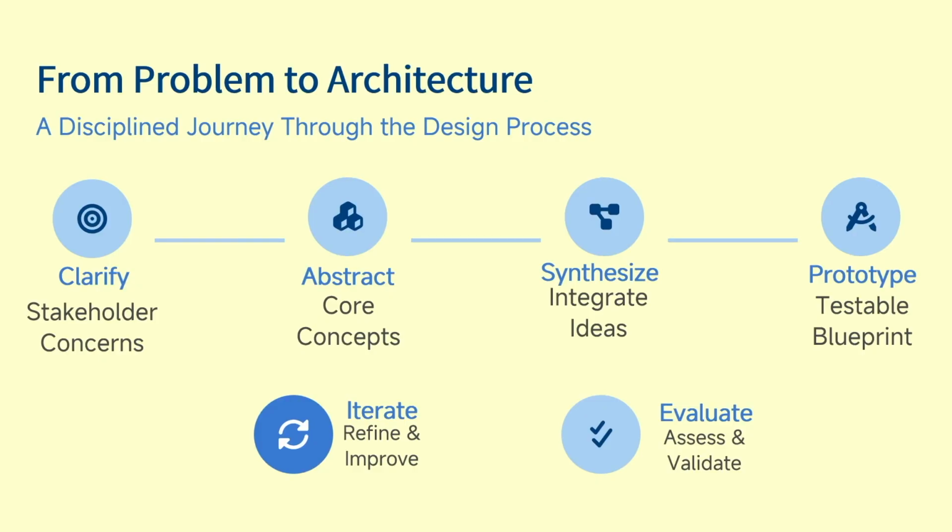So, first we will try to understand how it is actually taken forward. The first aspect with respect to this architectural design starts with clarifying the stakeholders' concerns. Stakeholders are the set of people who have an interest in the project.